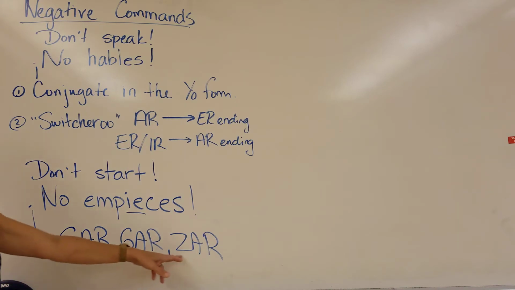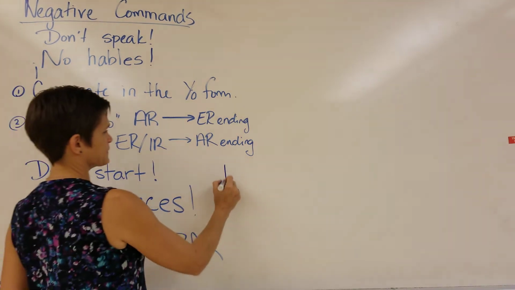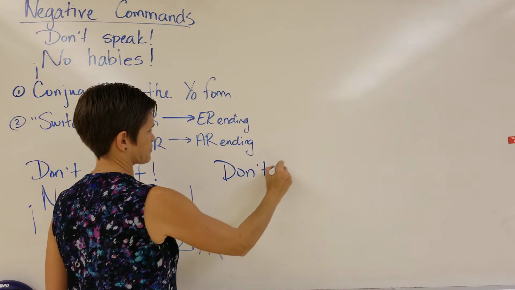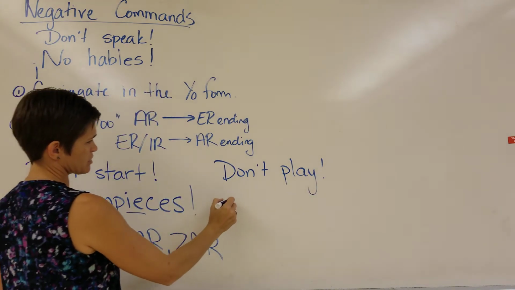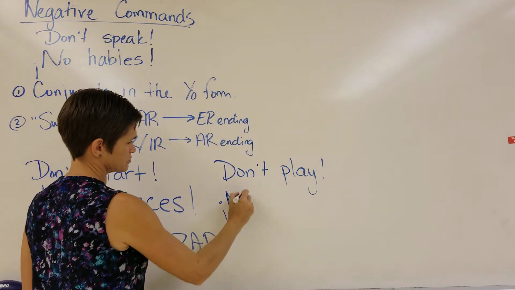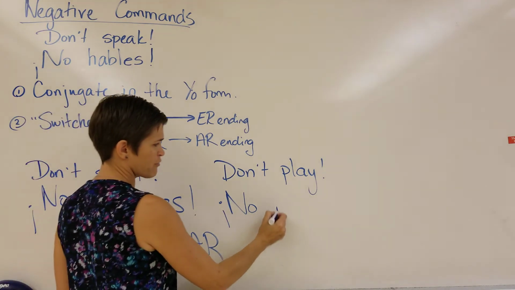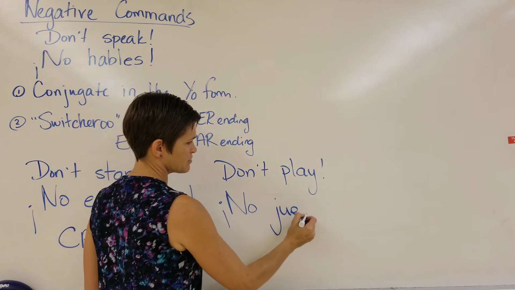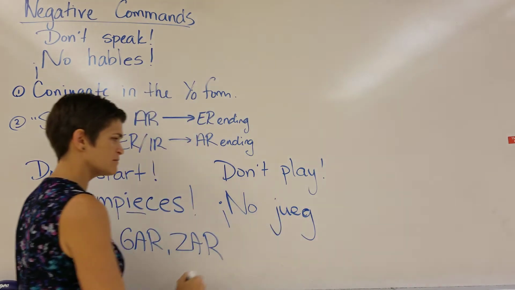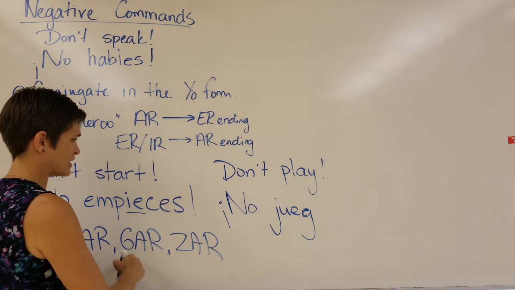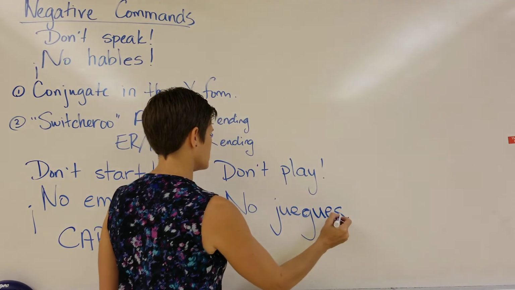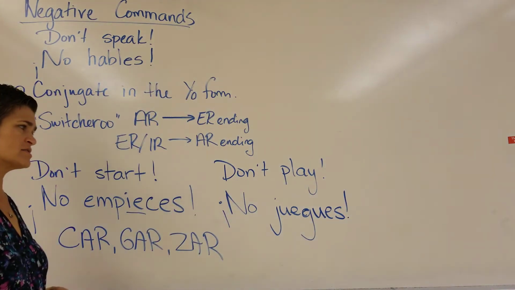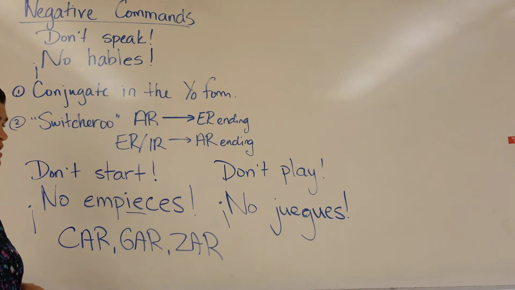We can't have a Z followed by an E. So if I want to say don't play, I'll start with no. I'm going to conjugate jugar in the yo form, which is going to give me that stem change. And then I got to change the ending here to a UES. Otherwise, it'll say no juegues when we do that switcheroo.